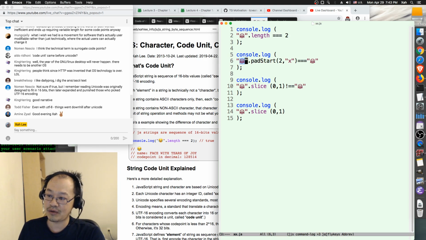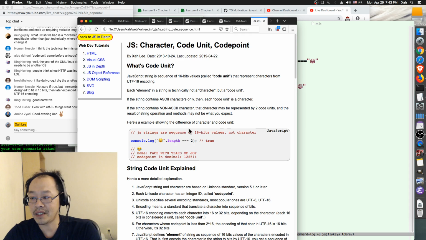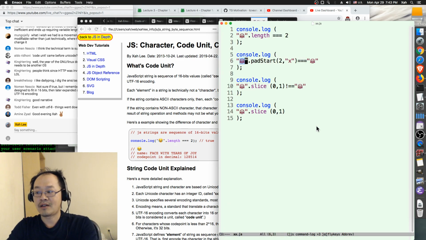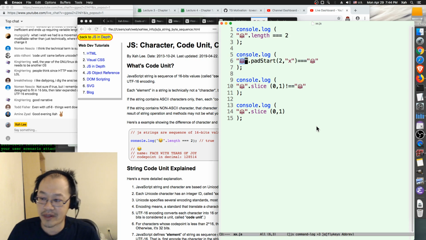It's any character whose code point is beyond 16 bits. Now, which characters have code points of more than 16 bits? Almost all emoji do, and also lots of Chinese characters, rare, less frequently used ones. There are thousands of them.